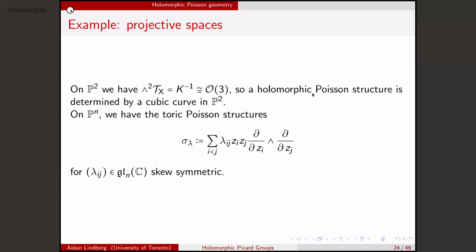Okay, and on arbitrary projective space, we have these toric Poisson structures written in local coordinates. This is the bivector. Here's the wedge of the two derivations, and the coefficient of this is going to be Zi times Zj with this lambda_ij, and this lambda_ij can be any skew-symmetric matrix with complex values. And this defines a Poisson structure on P^n.